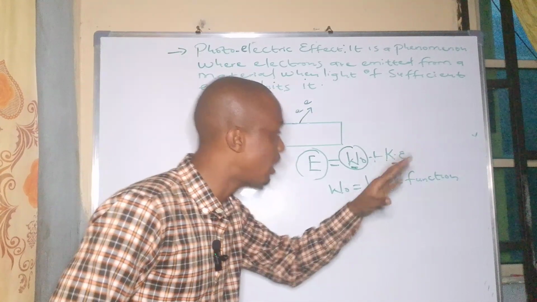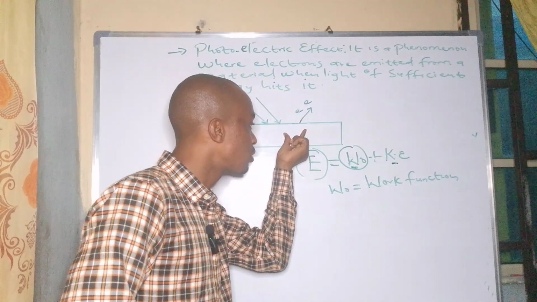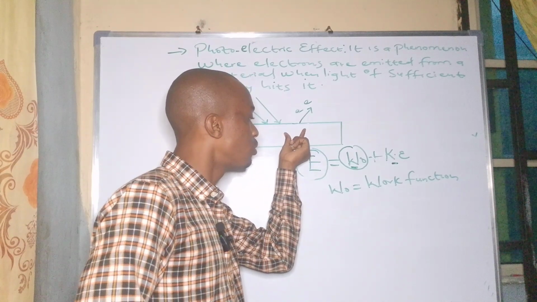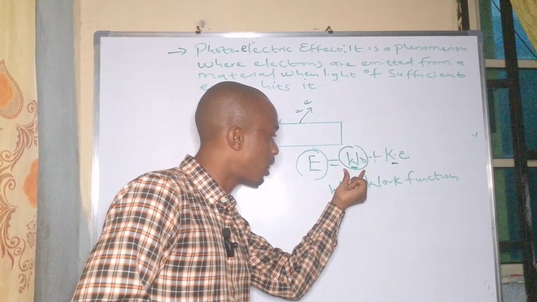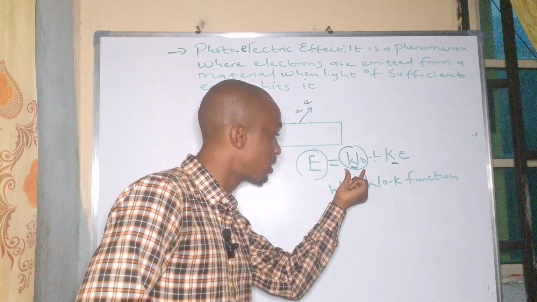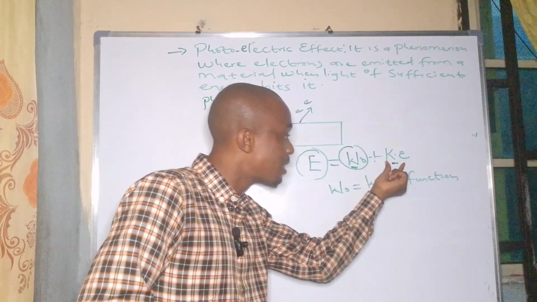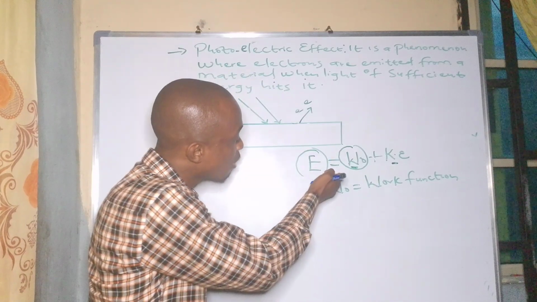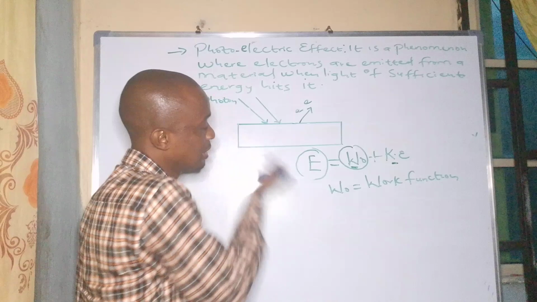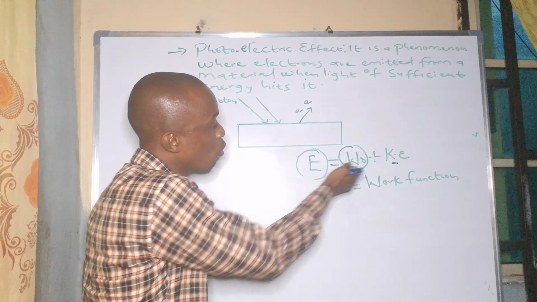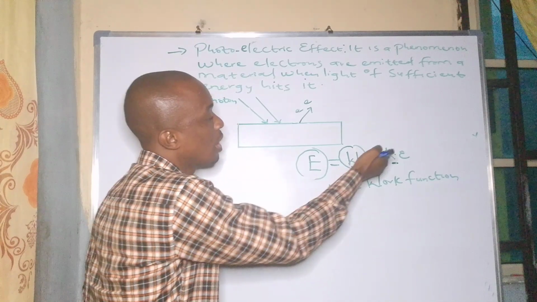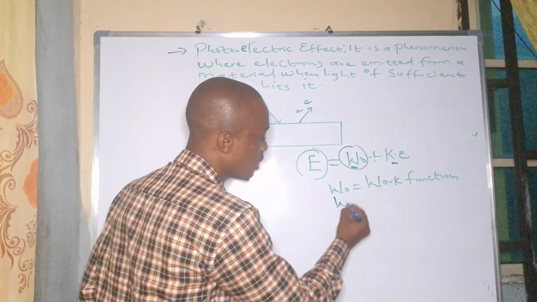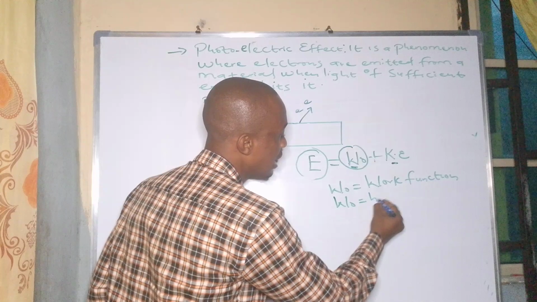So you liberate the electrons from the material, then you need to give them extra kinetic energy so that they can leave the surface of the material. So this amount of energy from the light must be able to liberate the electrons and also give them extra what? Kinetic energy.